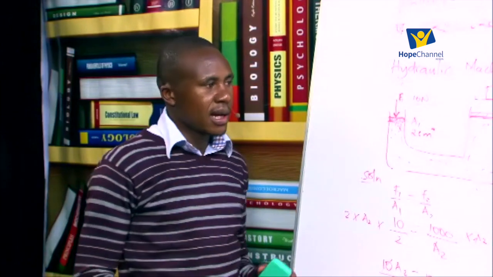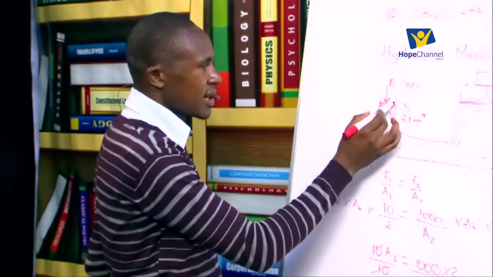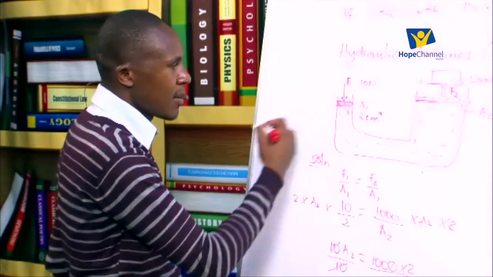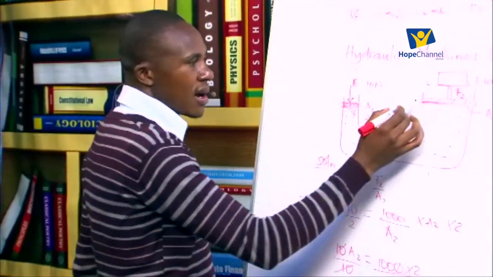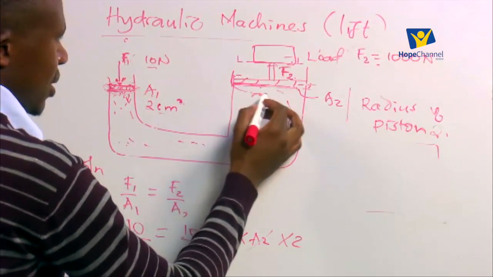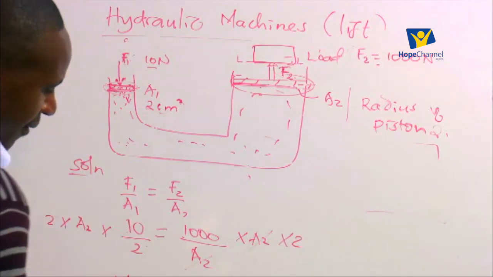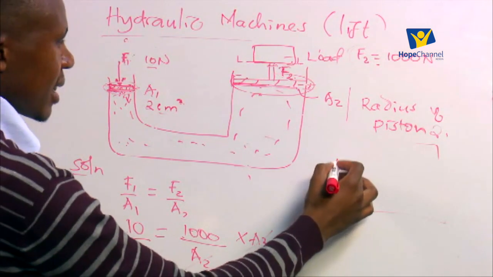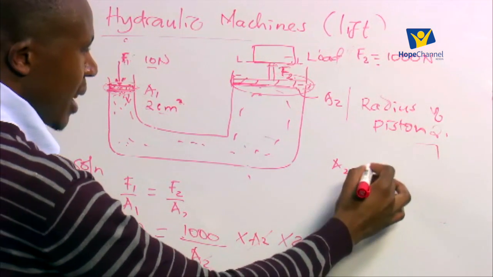Now, if we were to find the value of the radius of piston 2, first we need to get the area, like what we have here. In these hydraulic machines, the arm on the left hand side is cylindrical, and the arm on the right hand side is also cylindrical. So if we have the area A2, then A2 is equal to pi r squared.